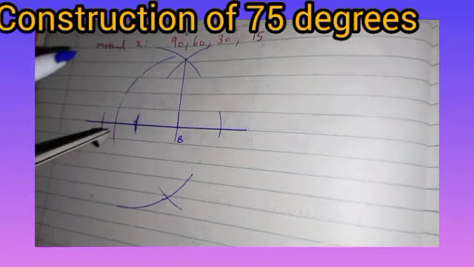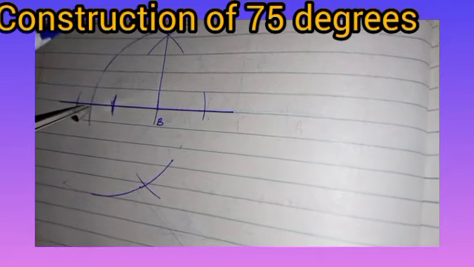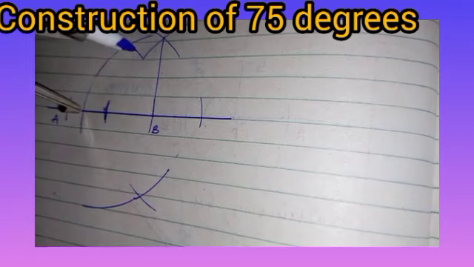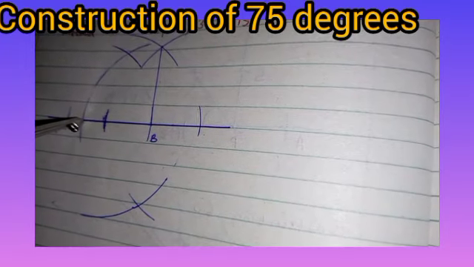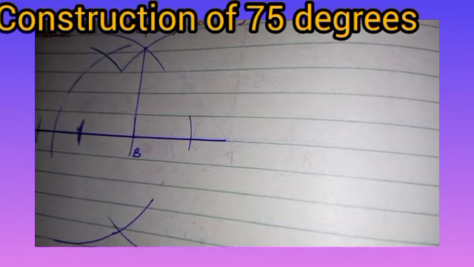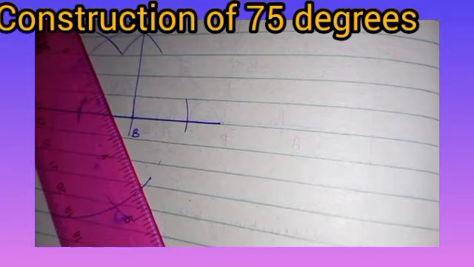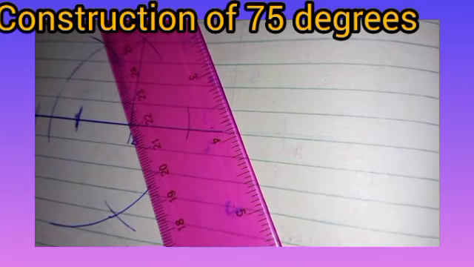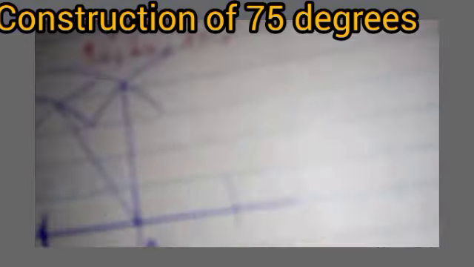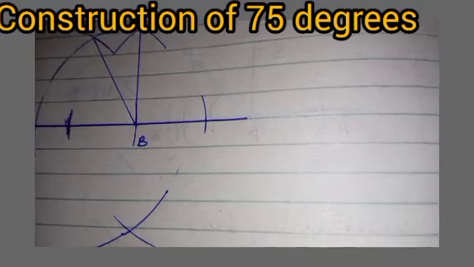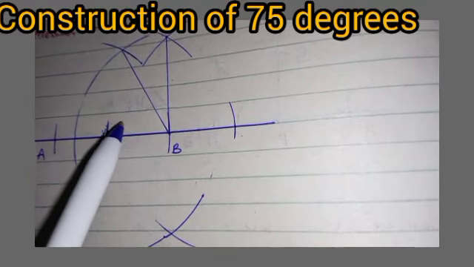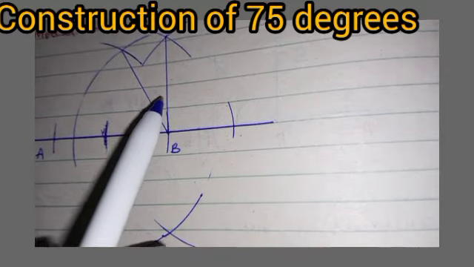Then with your compass at that point, you make an arc there. Then you join those two to point B. So this time, this angle is 30 degrees and this is 60 degrees. 60 plus 30 is 90 degrees.